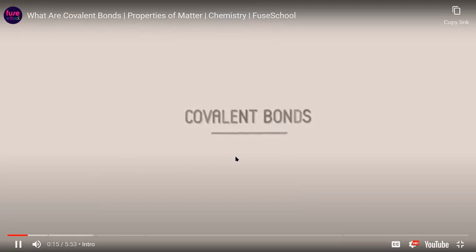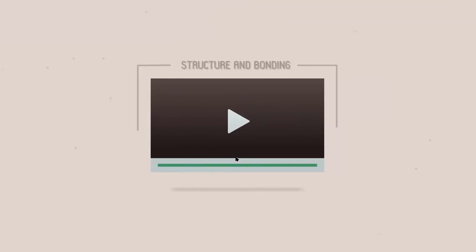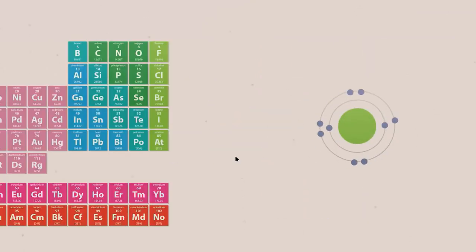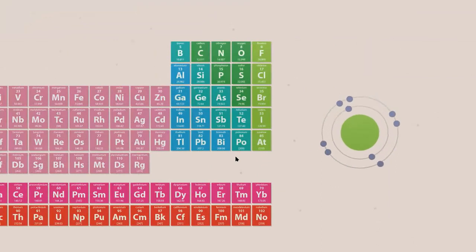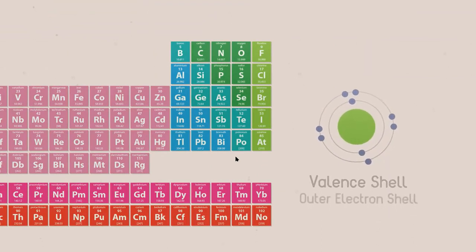Covalent bonds. In this video, you are going to learn about covalent bonds, how they are made, and how they form. If you haven't seen it already, first have a look at our video, Structure and Bonding. Only the noble gases exist naturally as single atoms. All the other elements of the periodic table have partially filled valence shells, or outer electron shells.